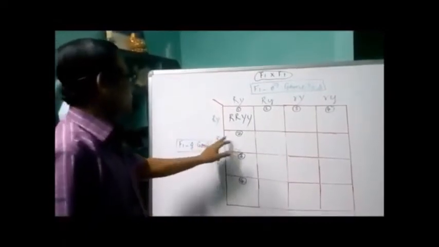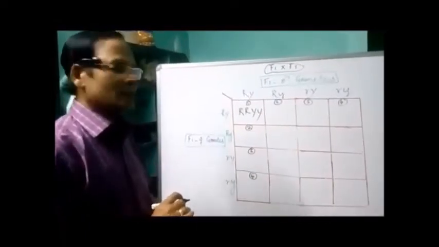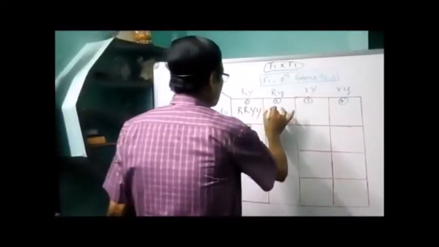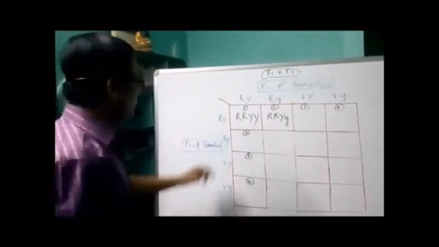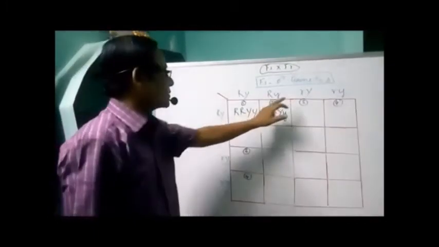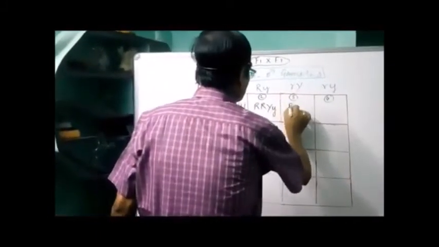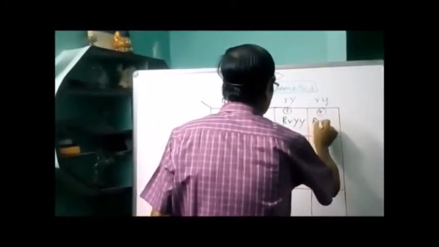Now the second one, equal chance of fertilization, random mating only. Now we are just taking this egg being fertilized by another gamete. Now in the last column we have capital R small r, capital Y small y.